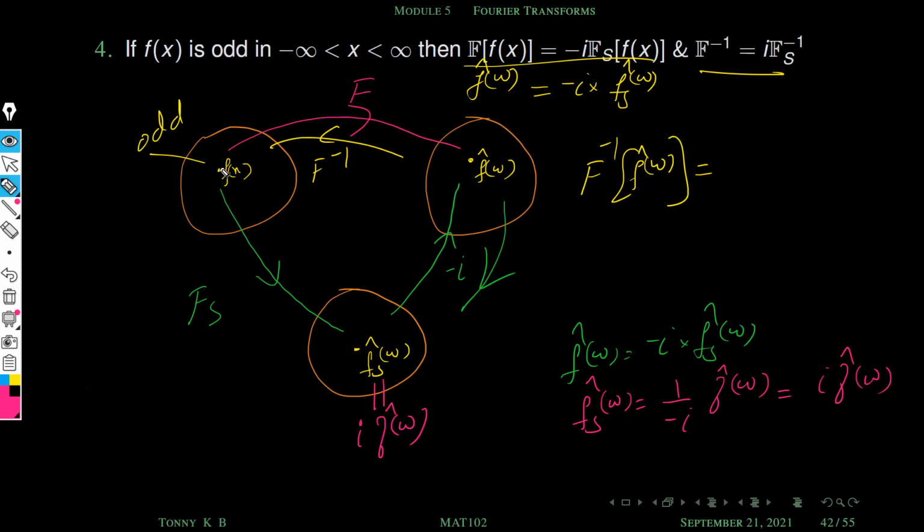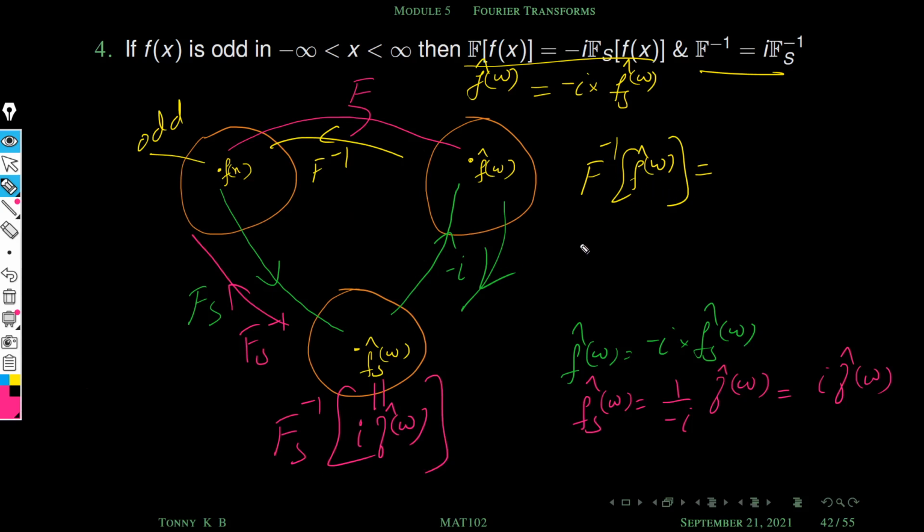Then how to find this f of x? You simply take the inverse. Not f inverse, we simply take fs inverse. So to find this f of x, we just consider fs inverse of this quantity. That is the process.